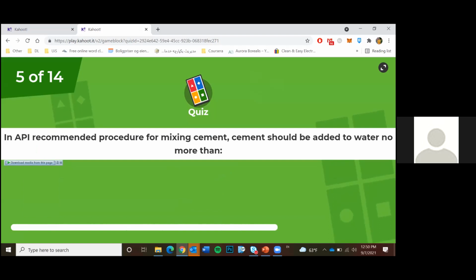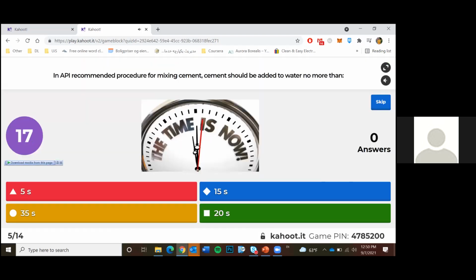Again, in the API recommended procedure, cement should be added to water in no more than 5 seconds, 15 seconds, 20 seconds, 35 seconds.